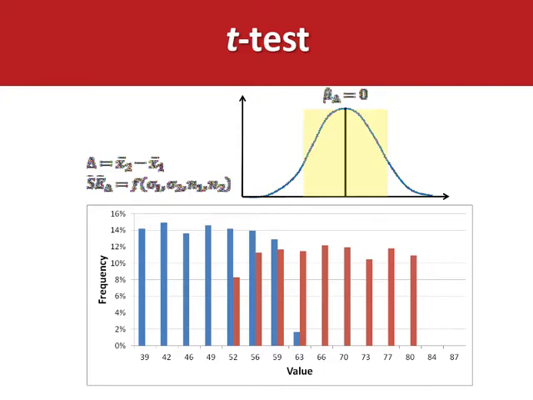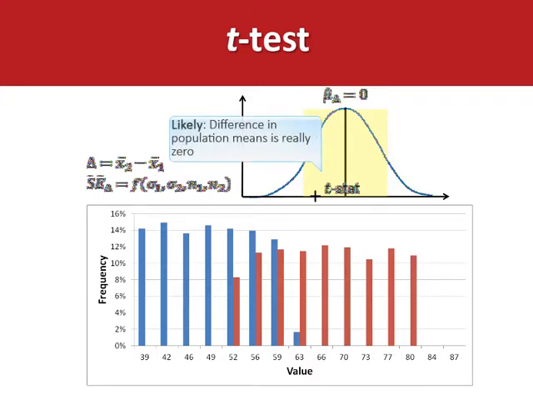Now, one of two things is going to happen when we compare this to our observed t-statistic. Either the observed t-statistic is going to fall within the confidence interval, which means the difference between our two sample means falls within what we might expect as sampling error.